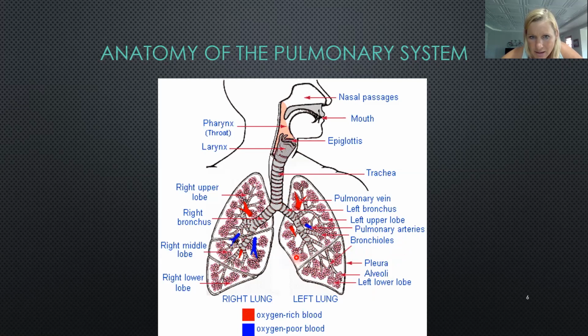Imagine that these are like clusters of grapes. Each individual grape represents one alveolus, and that's going to serve as the site of exchange for gases. And those bronchioles are like the stems of the grape bundles. They're going to carry air down to the alveoli, and then the alveoli is where exchange is going to occur.